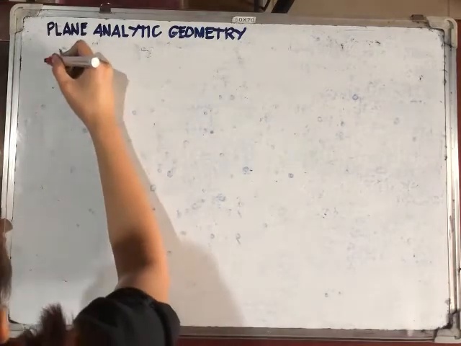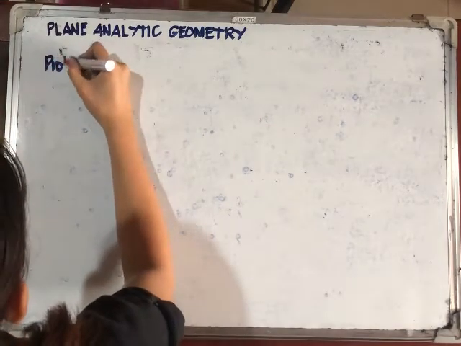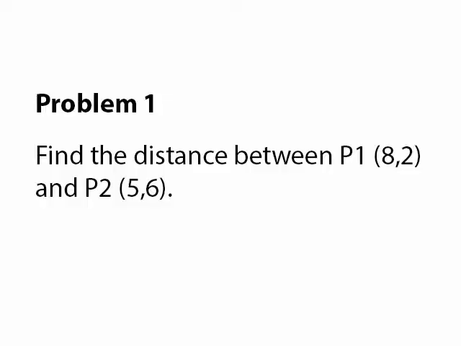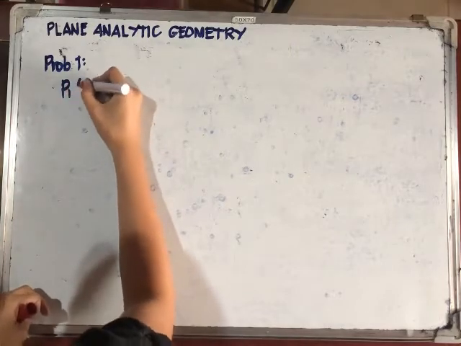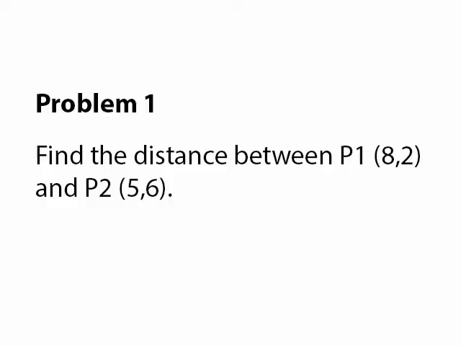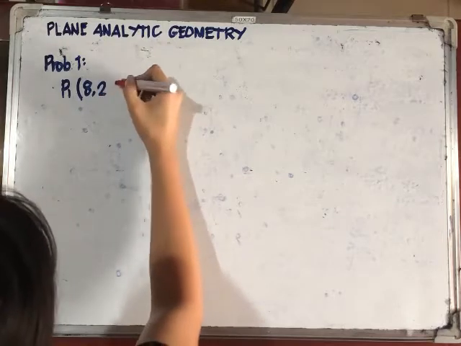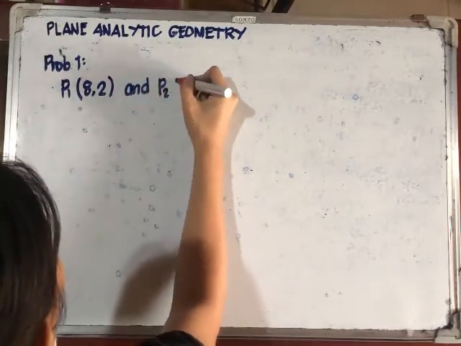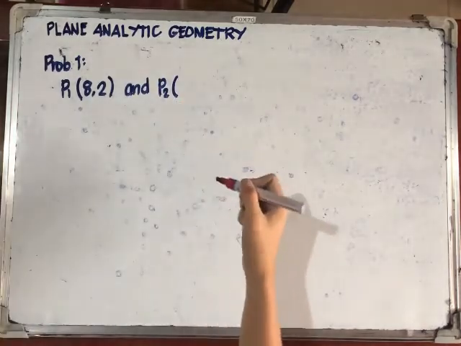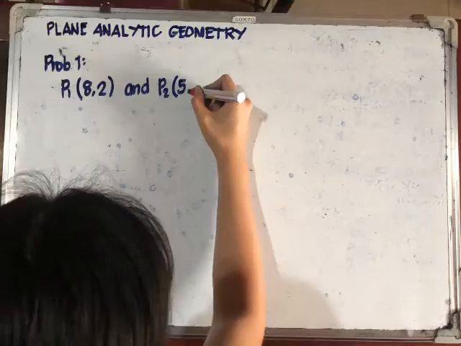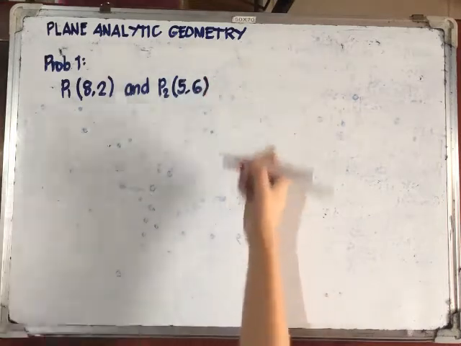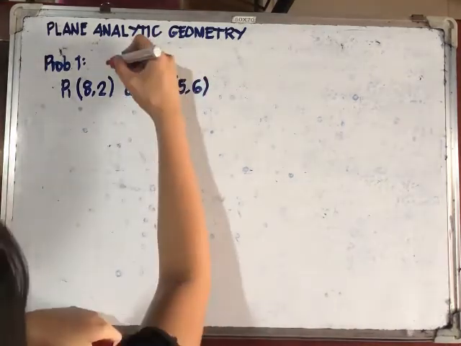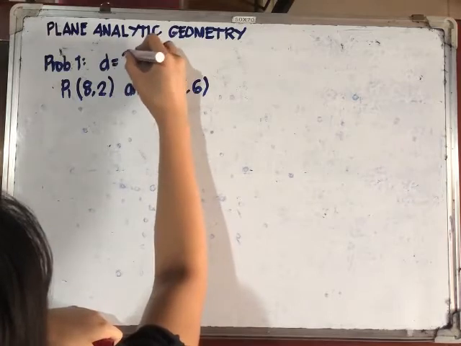For our problem 1, we have: find the distance between 2 points, P1 with coordinates 8, 2 and P2 with coordinates 5, 6. So we need to find the distance between 2 points.